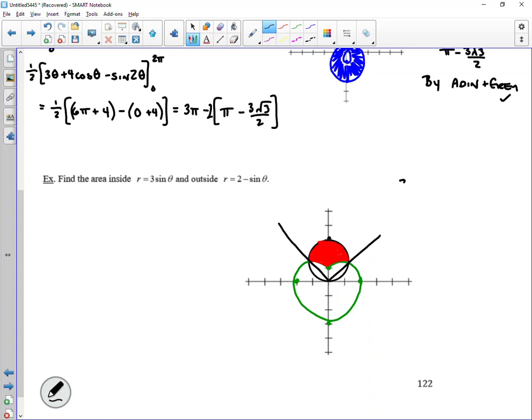Set them equal to each other. 3 sine theta equals 2 minus sine theta, so sine theta equals 1/2. When is sine 1/2? Okay, cool.